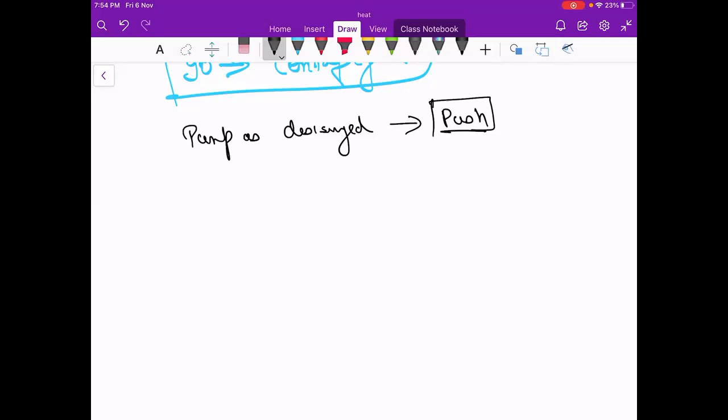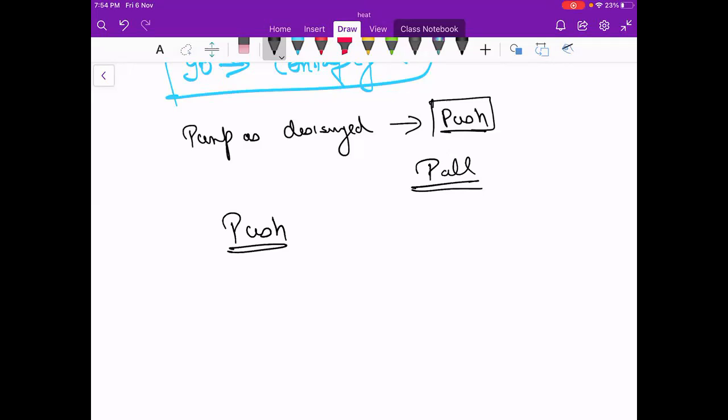Push. Some students are writing pull. We have done this in 11th and 12th class, basic mechanics: push is easy. Push means you are giving the force from behind. Most students have written push correctly, still some students are writing pull.